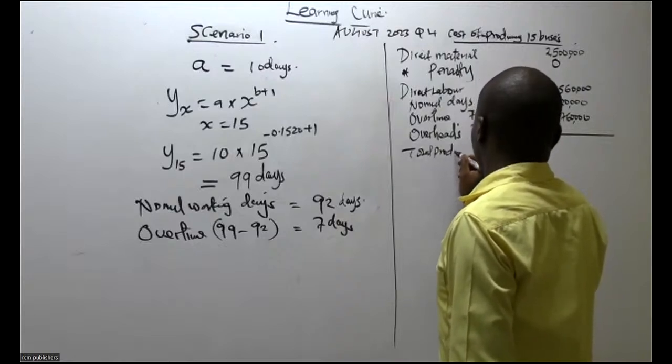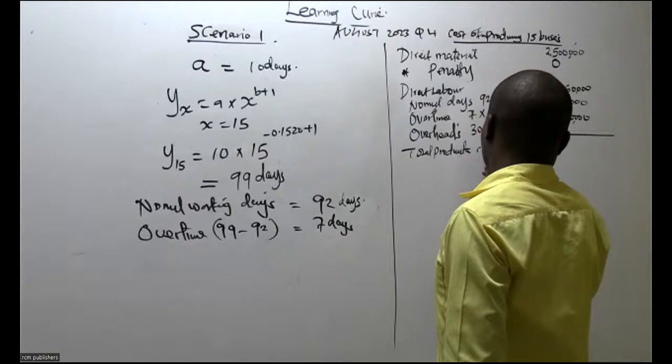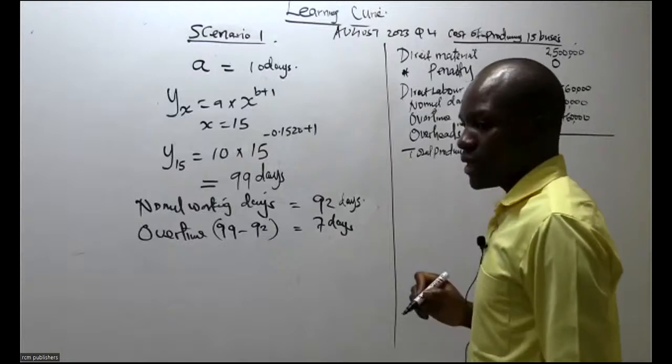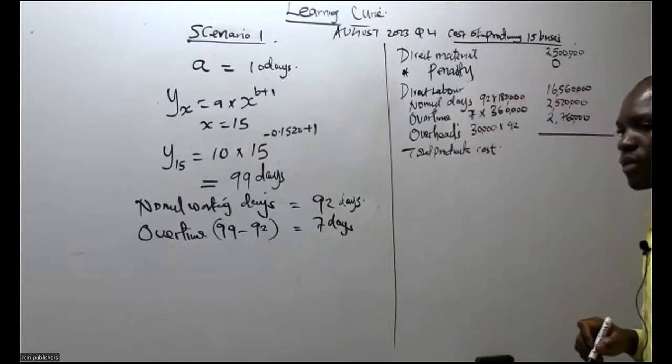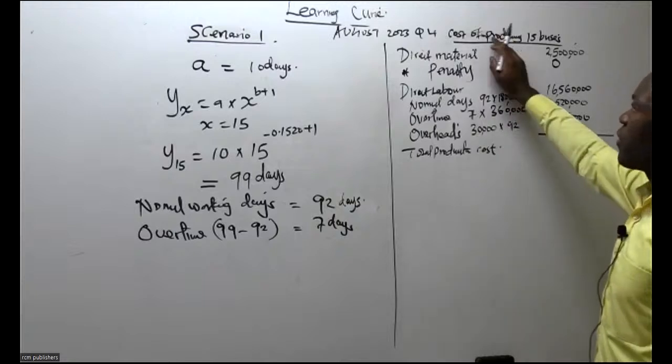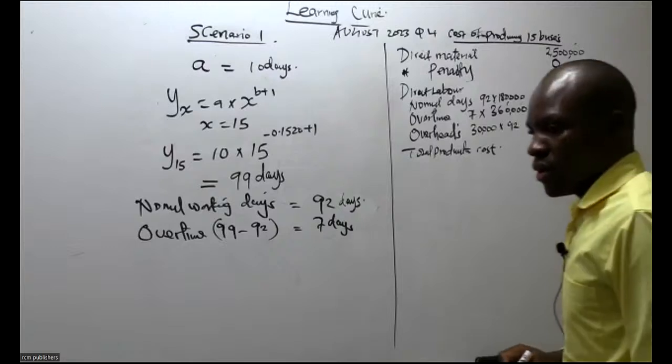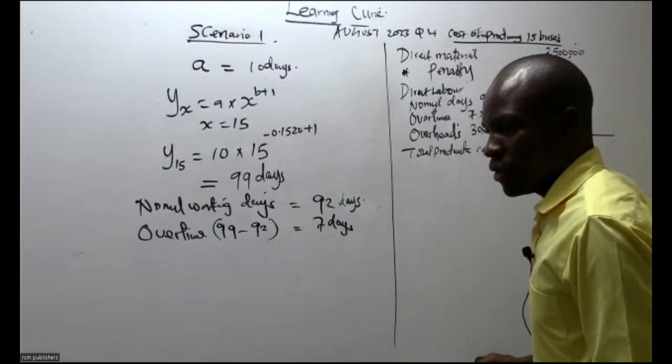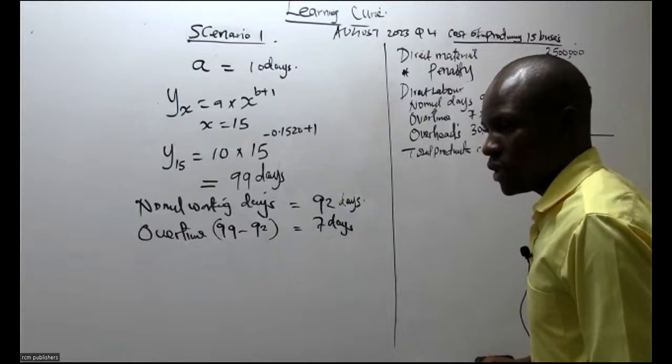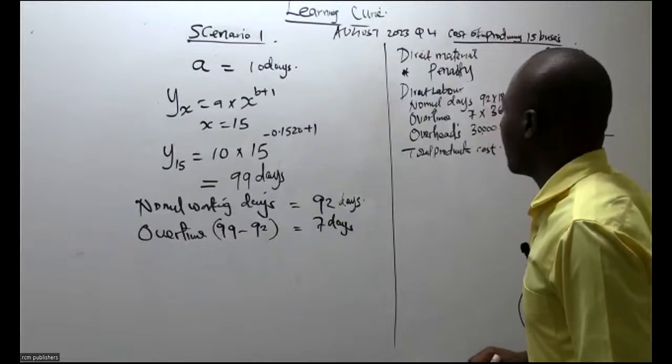Total production cost of 15 buses under scenario 1. What will we have? Direct material of 2 million per bus.